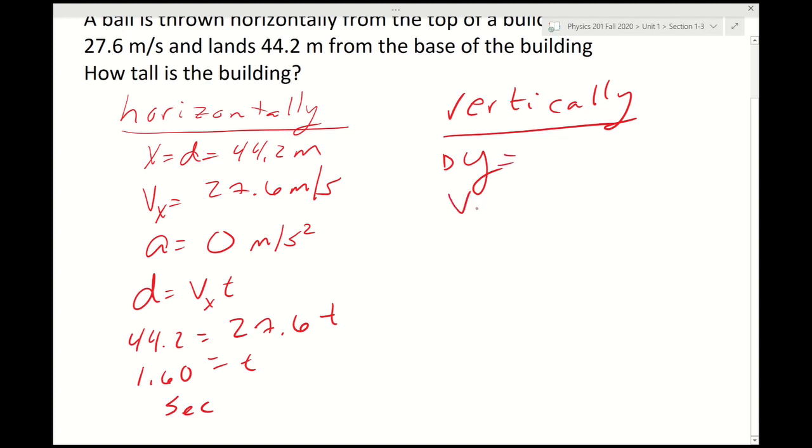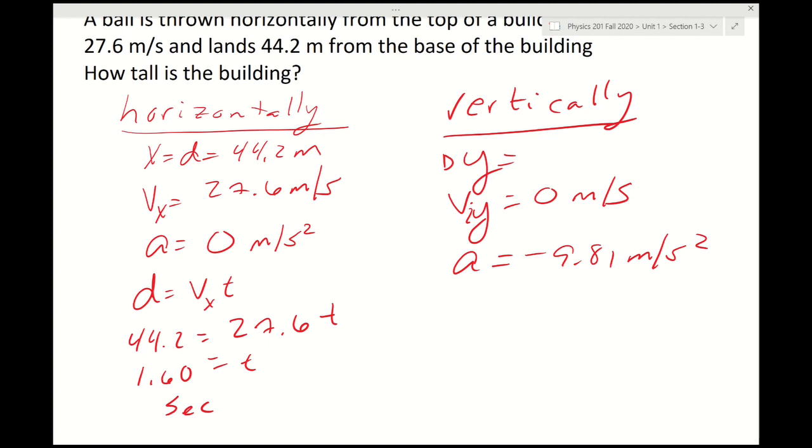We do know that the initial vertical velocity is 0 because it is thrown perfectly horizontally. The acceleration is negative 9.81 meters per second squared because we do have gravity to contend with. Now, since this is not doing a full parabolic path, but only doing half of it, our time is the 1.60 seconds. That's our total air time.